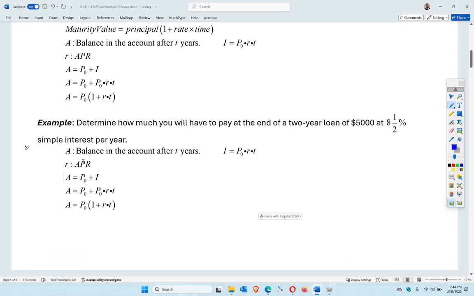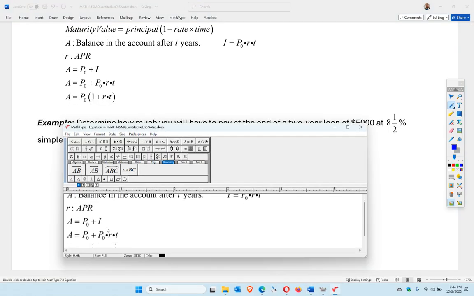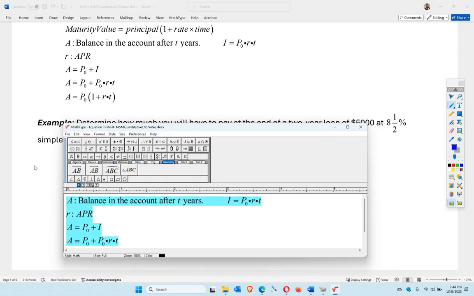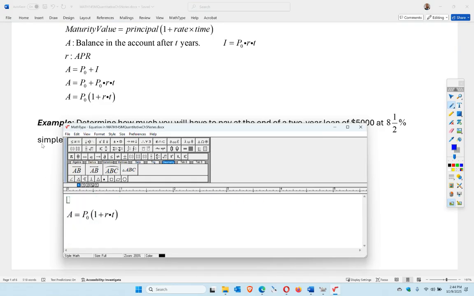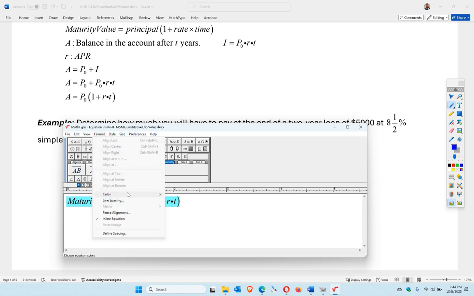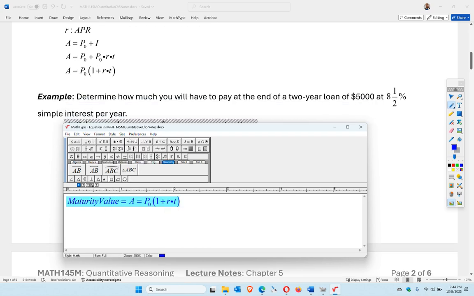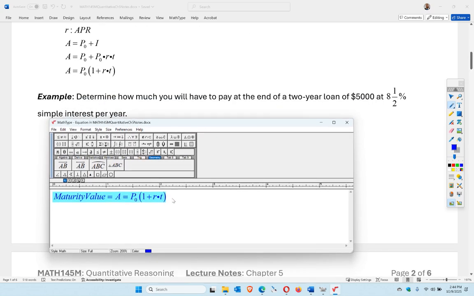Okay, so I'm going to copy that, and I'm going to delete all of this. Excuse me. All right, so this is the maturity value, right? The amount that's at the end of the loan. Format, color, blue. Okay. And you can handwrite this, obviously. You don't need to type like me.